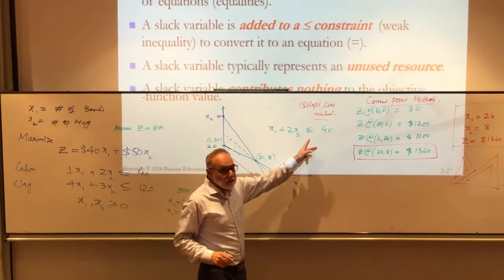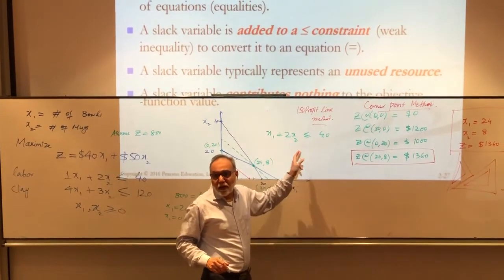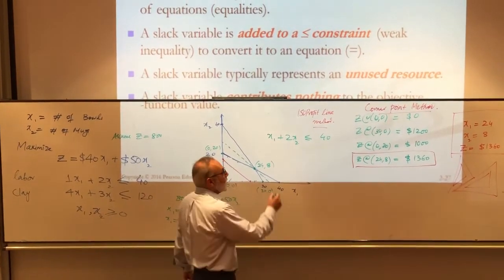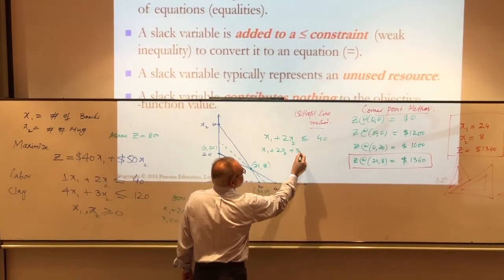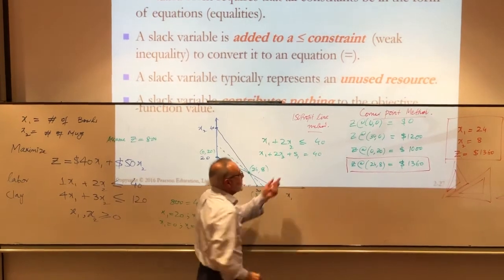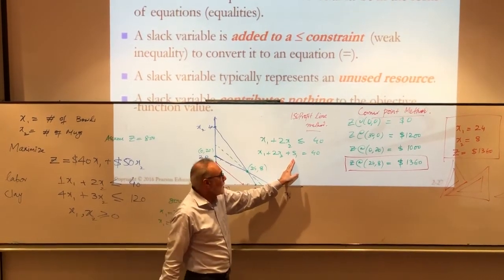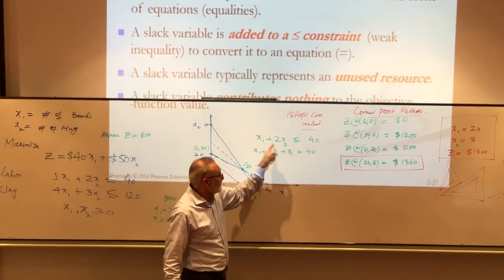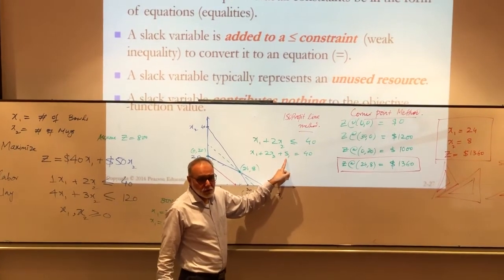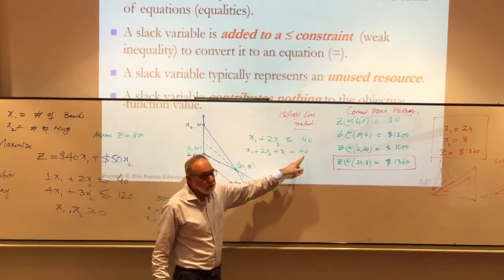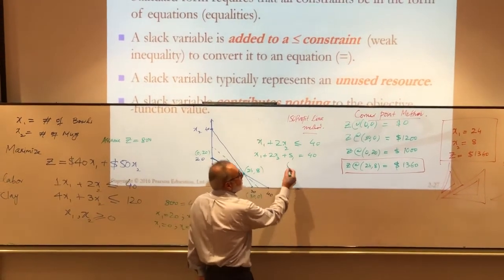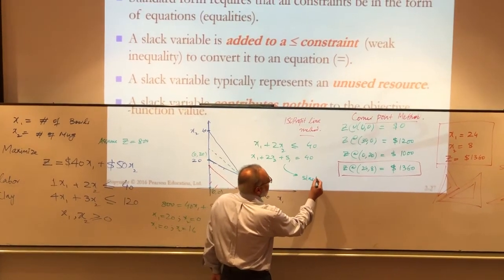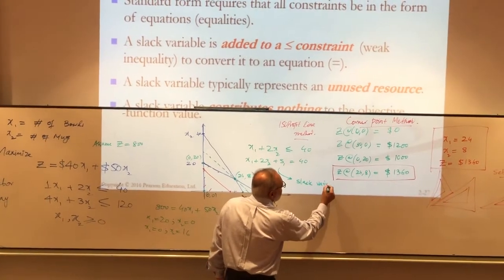Now if we want to make it an equality, we will add one variable, we call it slack variable: x1 plus 2x2 plus s1 is equal to 40, which means that anything less than this will be equal to s1, alright, to make it equality. That is called slack variable.